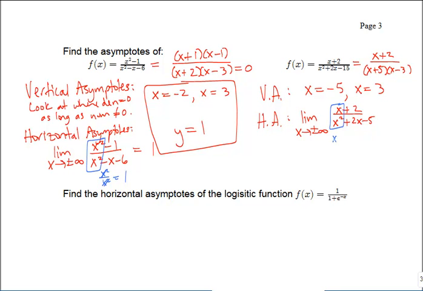So that is going to reduce into a 1 over an x, and as x goes to infinity, either plus or minus infinity, this is going to go to 0. So this is the case where the denominator has a bigger degree than the numerator, so the limit is 0, which means my horizontal asymptote does exist, and it has as its equation y equals 0. So these would be my 3 asymptotes.